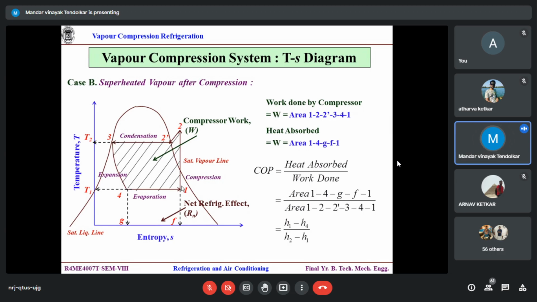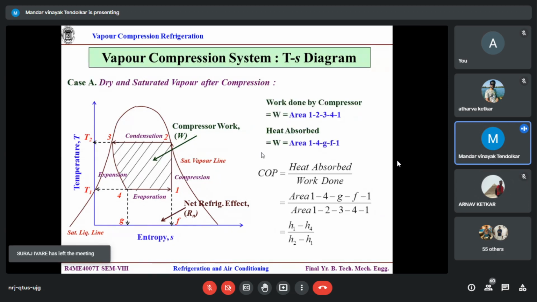So your denominator also increased. In short, the numerator is increased, the denominator also increased. I cannot predict what happens to the COP. It may remain the same, it may increase, it may decrease also. It solely depends on the values. Do you agree? Yes, sir.